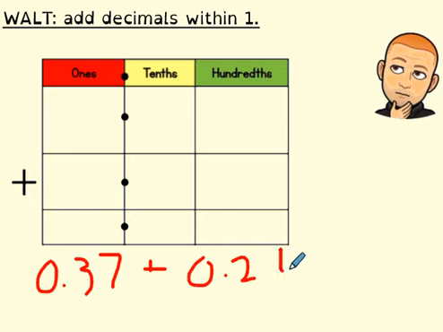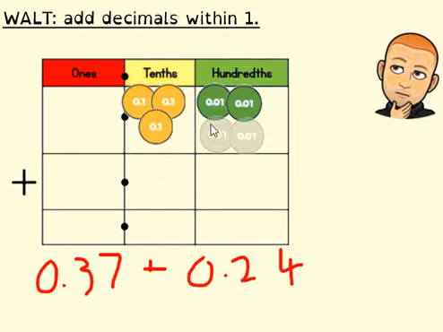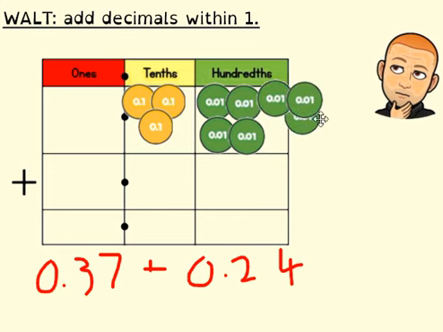Now, straight away, you might have already spotted, well, I know what's different this time. I know what's a bit trickier this time, and if you do, brilliant. Let's just get these added on here: 0.37 and 0.24.